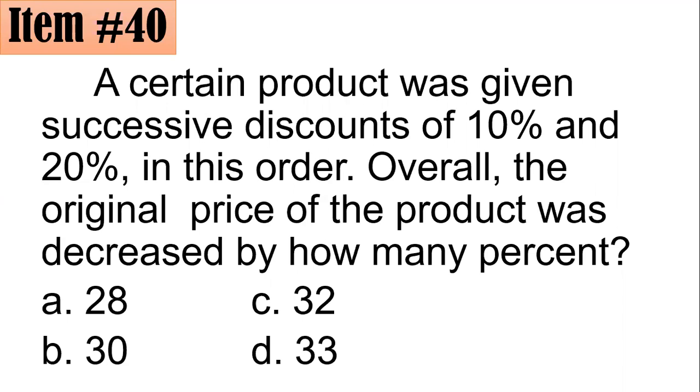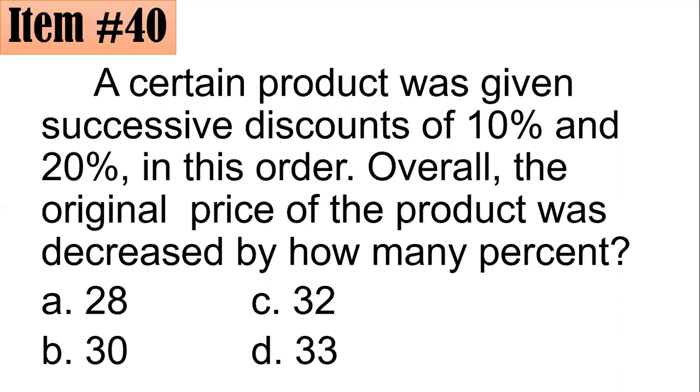So the result is 90 after the first discount. Then the second discount is 20%. So I multiply 0.20 to 90, which is 18. So the final price now is 72. So 100 minus 72 is 28. Therefore, it is 28%. Okay. Thank you for that, sir.